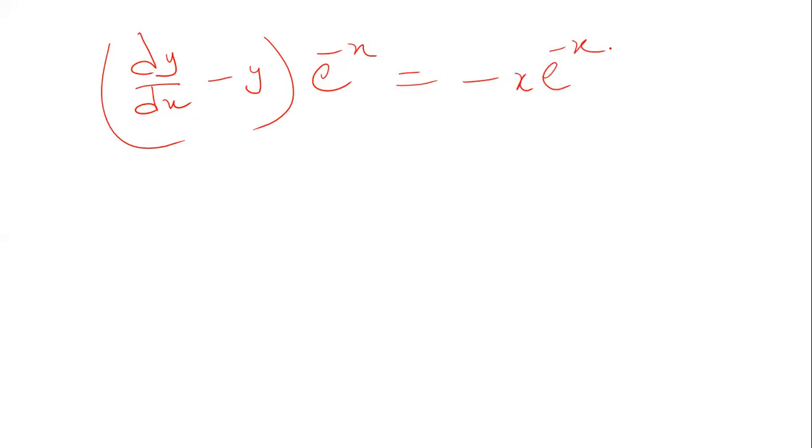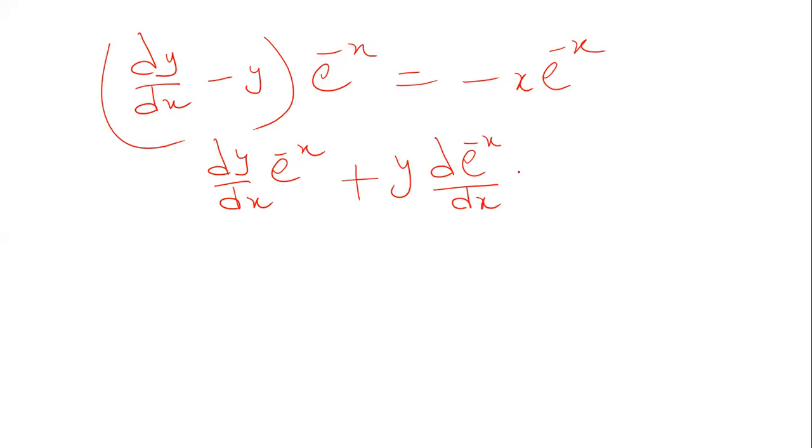So this will be like this: dy upon dx e to the power minus x plus y into the differentiation of e to the power minus x.